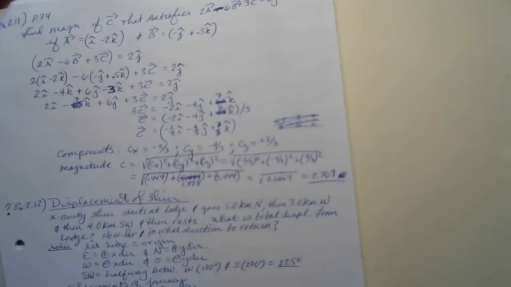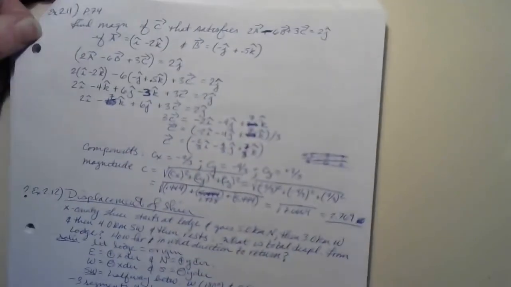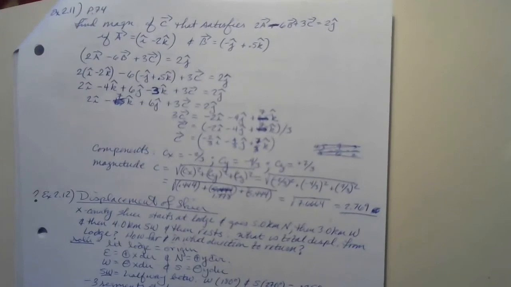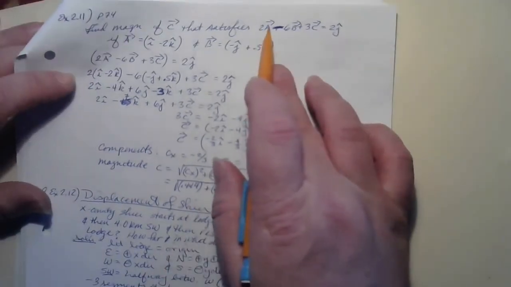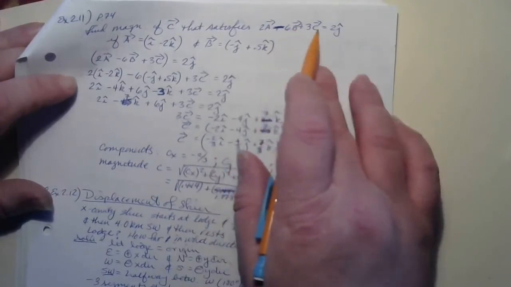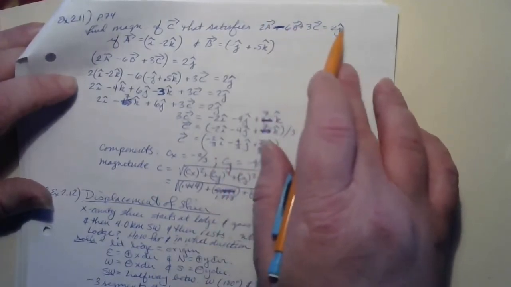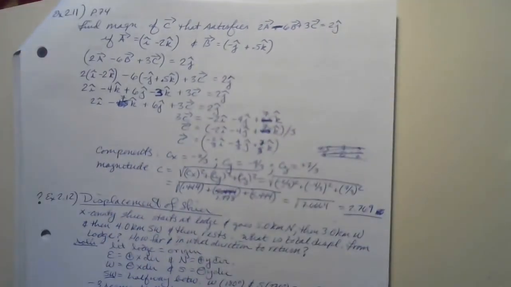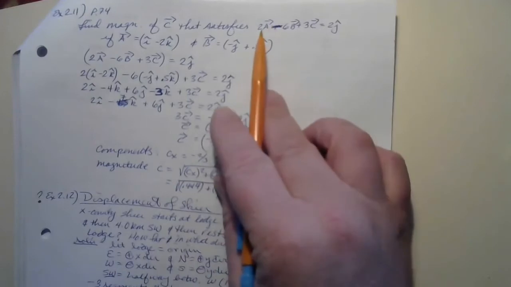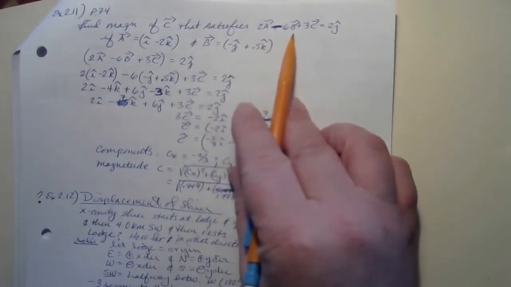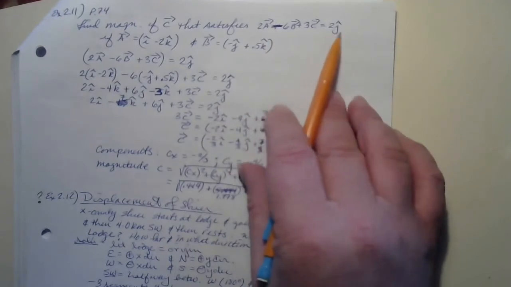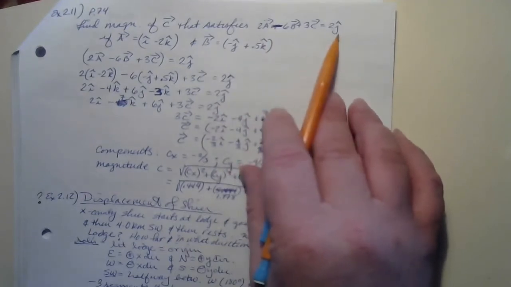Okay, we've got another example almost immediately on the tails of that example, and that is find the magnitude of vector C that satisfies the equation 2 times vector A minus 6 times vector B plus 3 times vector C equals 2 times the unit vector J. That looks terrible because you're multiplying by 2, multiplying by 6, subtracting, multiplying by 3, and J is a unit vector in the y direction.